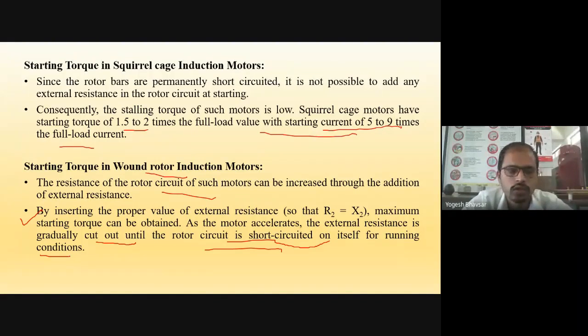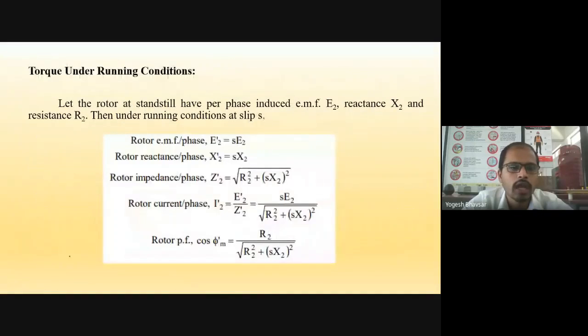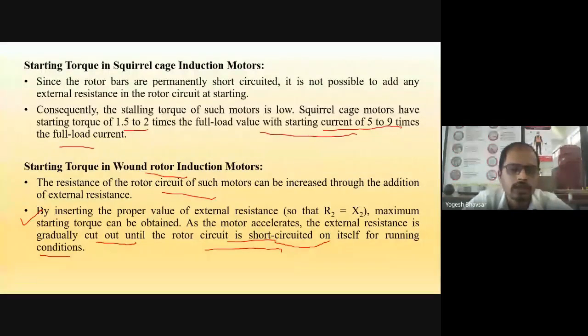So in this way, in case of a wound type induction motor, we can add external resistance in the circuit so that we can improve the starting torque. But this cannot be done in a squirrel cage motor. Got this?